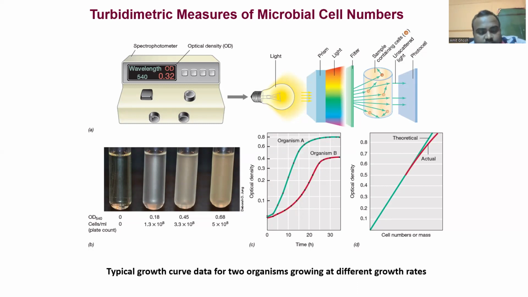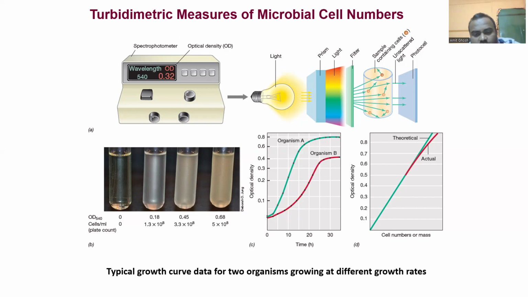Here we can see, as per the example, the wavelength: if you are using a wavelength of 540 nanometers for that bacterial growth, you see the OD value is 0.32. OD is nothing but optical density, a measurement of turbidity. In the lower panel, you can see that at OD 540 there is a very faint appearance of the bacteria, and over time the cell number increases and the turbidity increases.